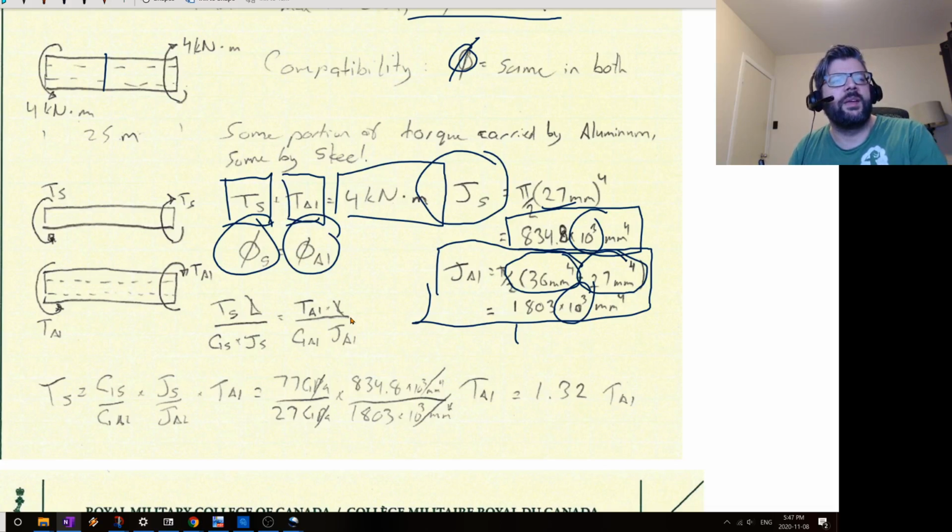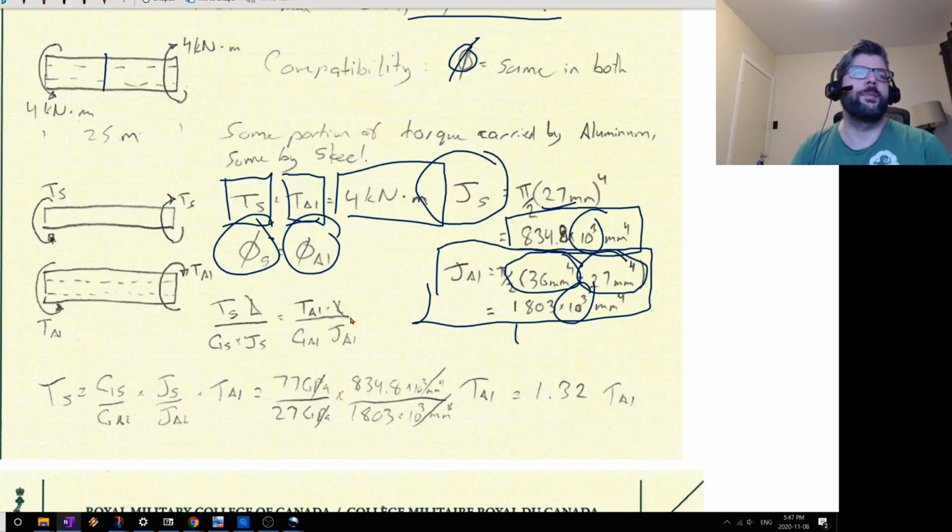We have this formula here that relates those two. The torque in the steel times the length divided by G for the steel times J for the steel is equal to the torque in the aluminum times the length divided by G for the aluminum times J for the aluminum. The lengths cancel out, obviously, since it's the same length for both.